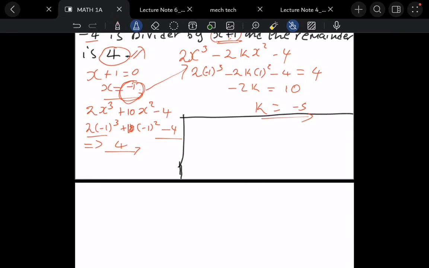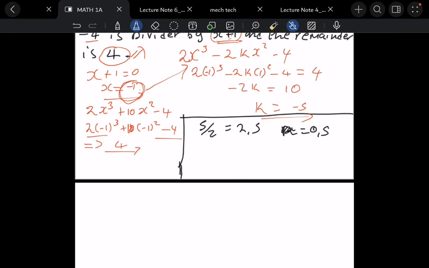You understand that? So if you say 5 divided by 2, 5 divided by 2 is going to be 2.5, which means the remainder r is going to be 0.5. It's not really 0.5.